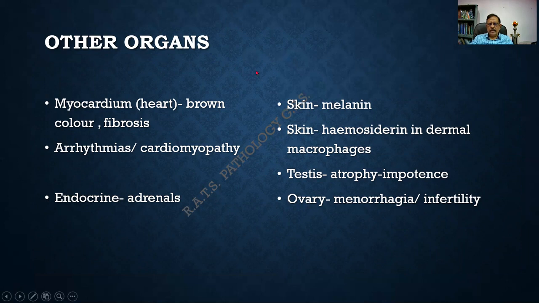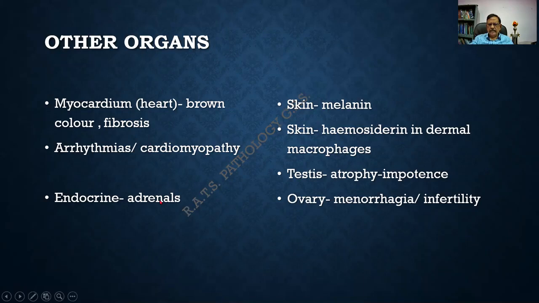What are the other organs that are involved? Myocardium, heart. It becomes brown in color, there can be fibrosis. Whenever something is deposited in the heart, it can affect the conducting system. Therefore, the patient can go in for a cardiac arrhythmia. Sometimes there is a flabby muscle cardiomyopathy.